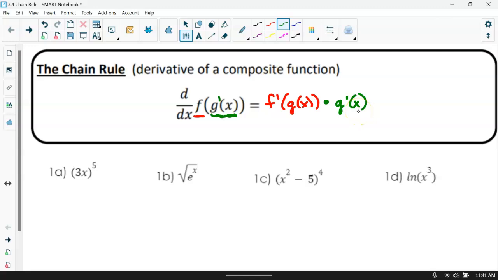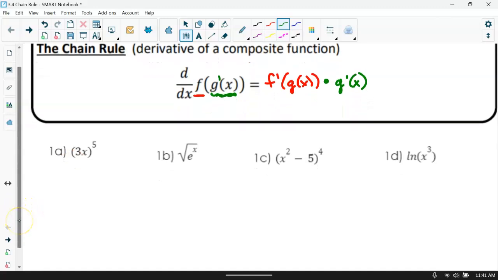So like here, for example, notice how that 1a represents a composite function because we're used to just saying x to the fifth. Notice how it's not just x, it's a whole function, 3x. So we are going to first take the derivative of the outside function, which is raising this to the fifth power, like x to the fifth.